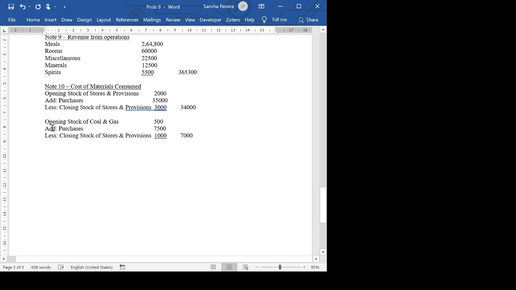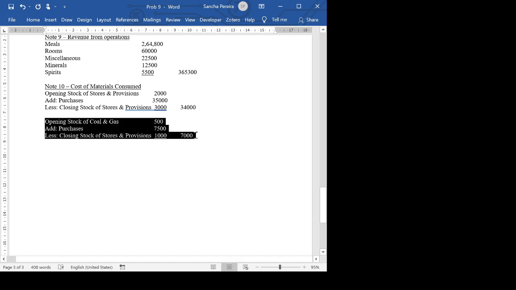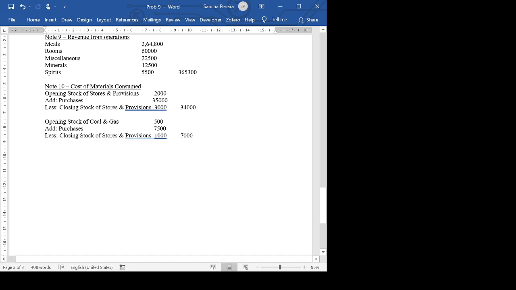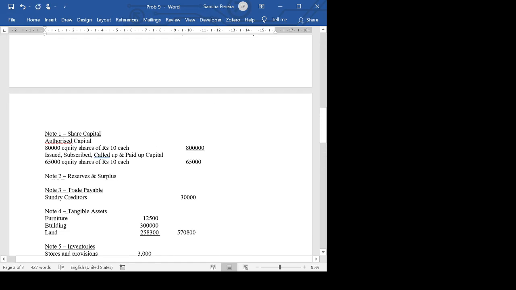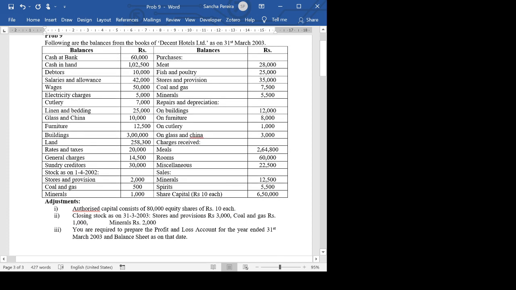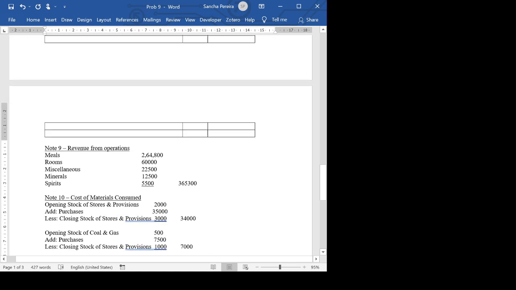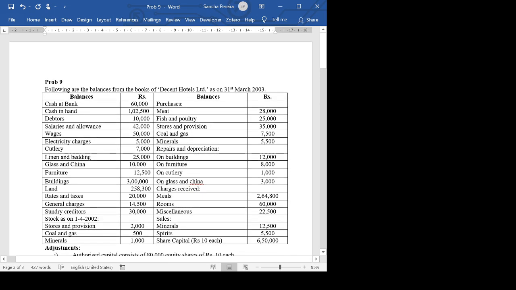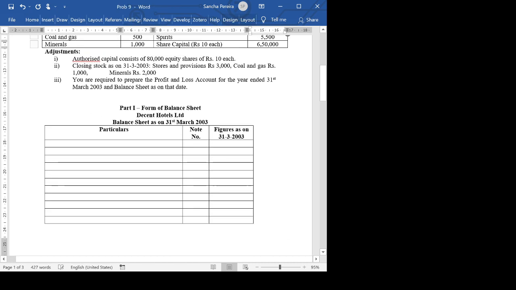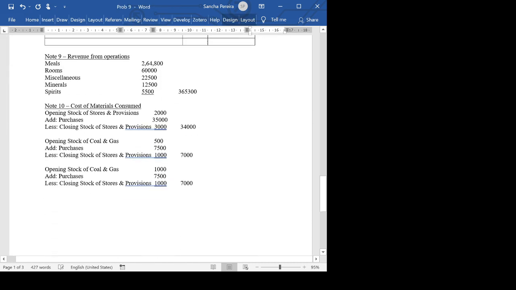And then we still have another item, minerals. The opening stock of minerals is 1,000. Purchases are 5,500 and closing stock is 2,000.